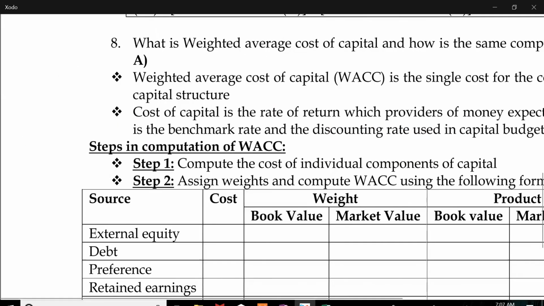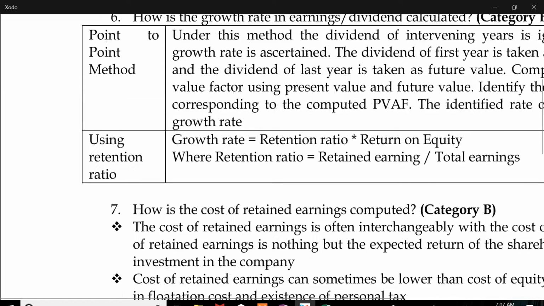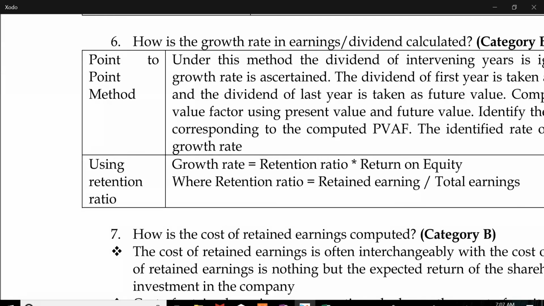Let me just see whether I have covered it in the theory part. Okay, it's covered in the theory part. Let me explain and then I'll show it here. So one change is, you will not use the denominator of P0 minus F. The second part is, if some personal taxes are given in the question. Personal taxes, not corporate taxes.